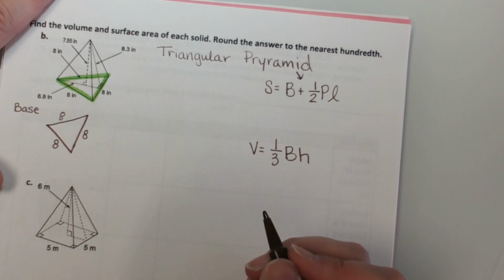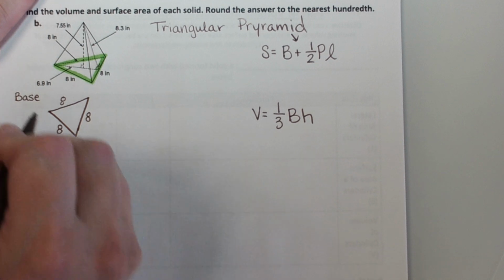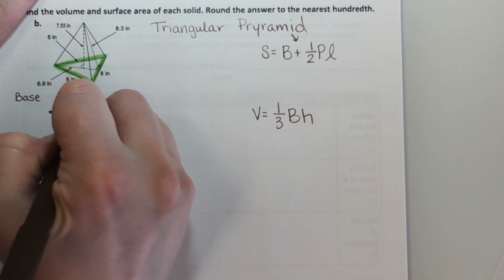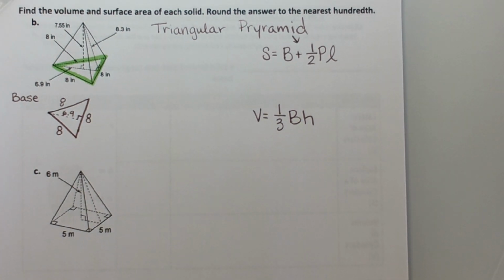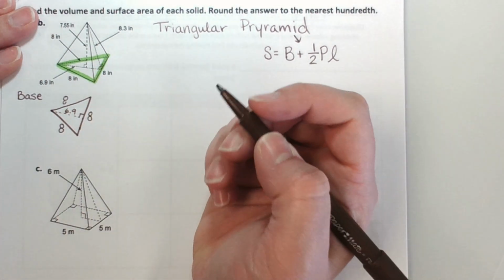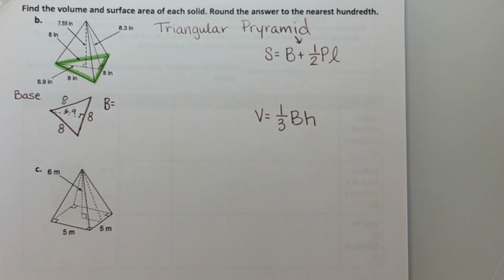Do I have anything else about that triangle? Middle part, 6.9. Ava, how do I find the area of that base?